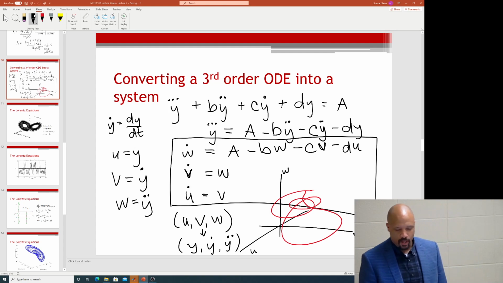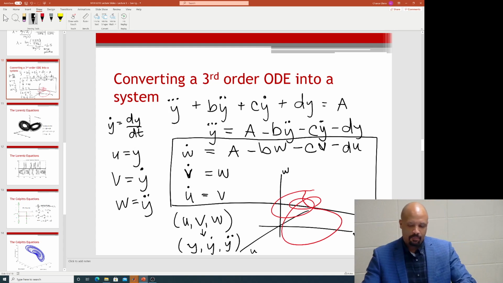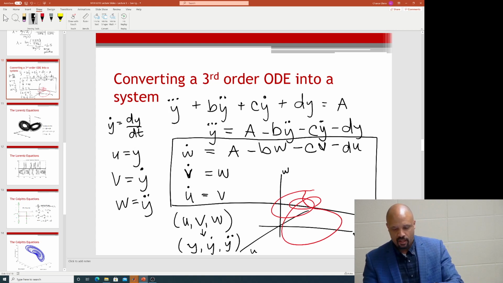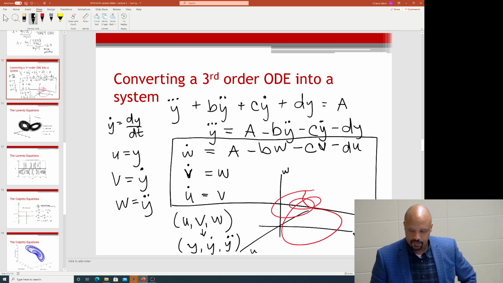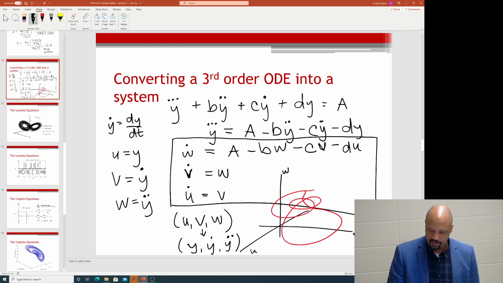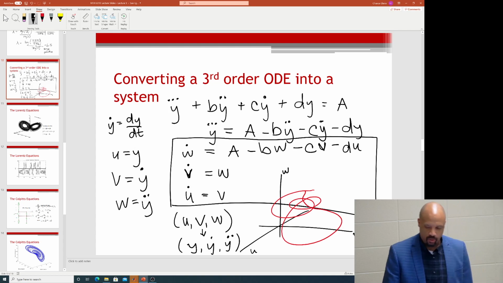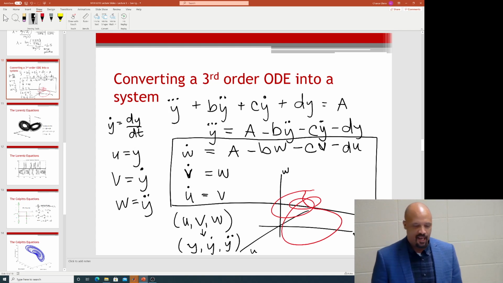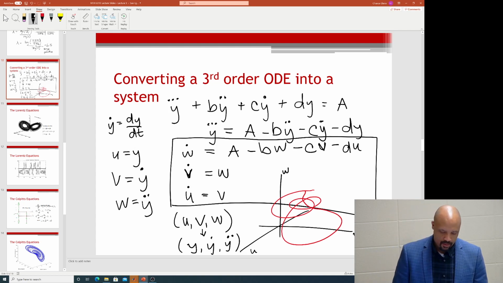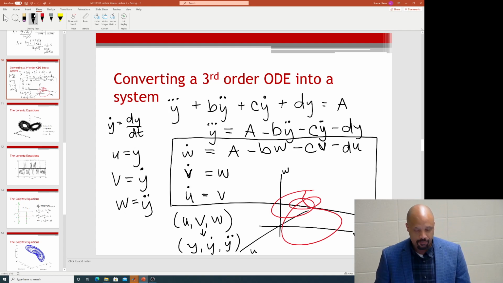So this is a way to take a complicated third-order ordinary differential equation and turn it into a system like this, so that you could look at it in a three-dimensional space, and then you could begin to study some of the chaotic behavior if it has it.